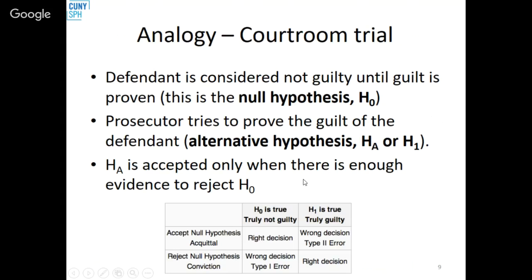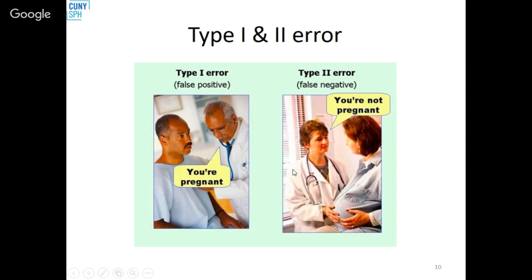But I found here a cartoon that's a little bit easier way to remember type 1 and type 2 error. It's a pregnancy test, and with the two men, they make a type 1 error saying you're pregnant when the past condition that was true before was you're not pregnant. That's the null hypothesis.